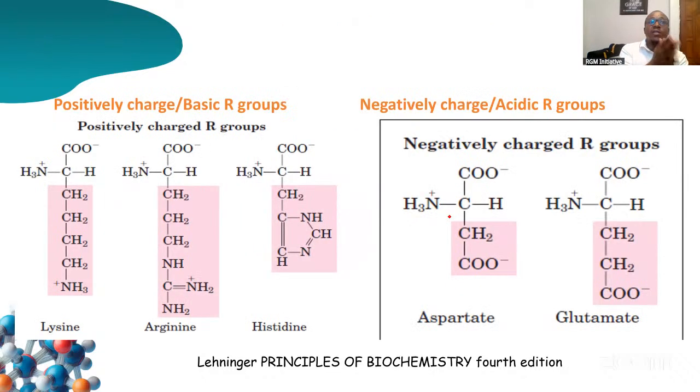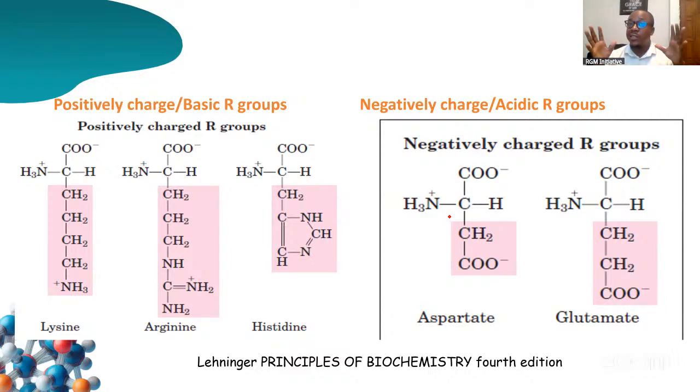This other classification is based on positively charged or basic R groups. These amino acids are positively charged. Examples are lysine, arginine, and histidine. Then we have negatively charged or acidic R groups, which are aspartate and glutamate.